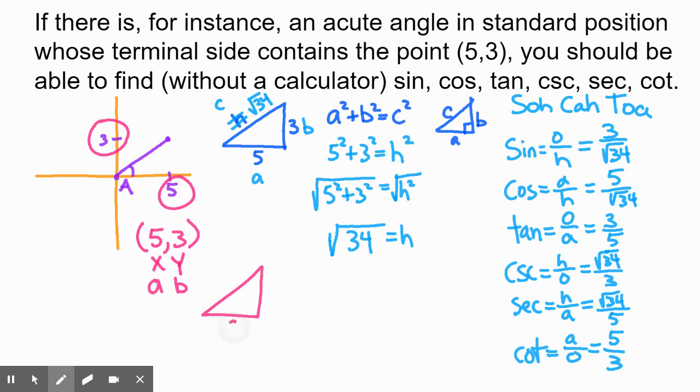So that's your A and B and C, and that's going to be 5 and 3, whatever they are. That's pretty straightforward, and we're going to move on.